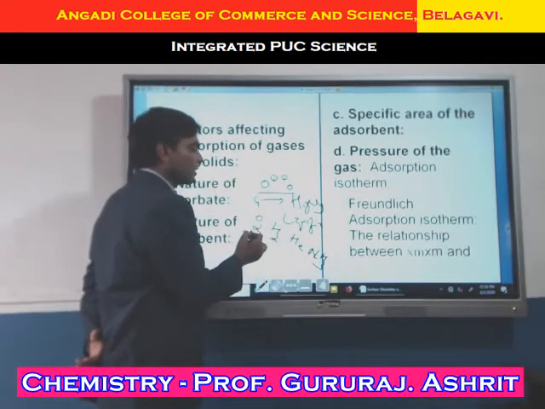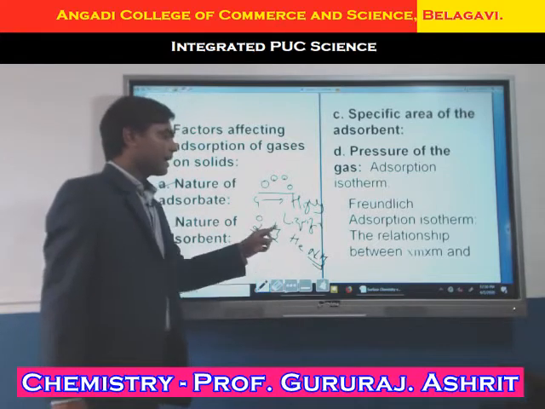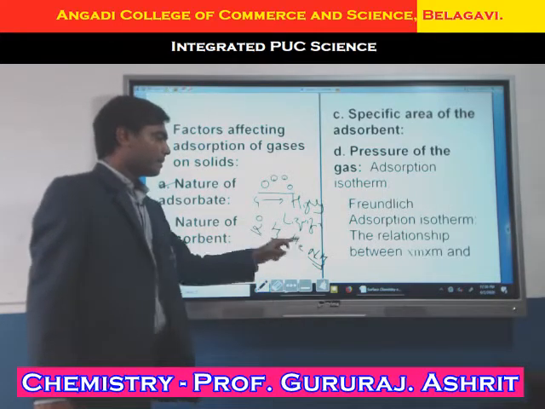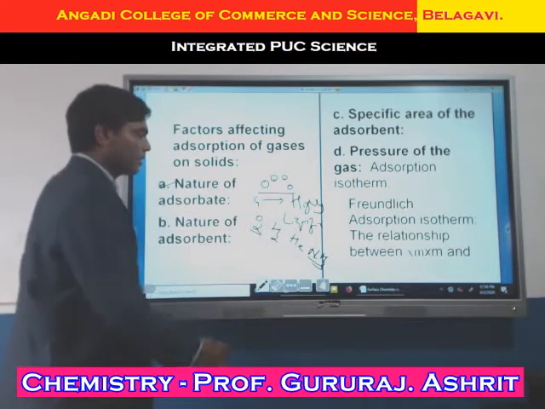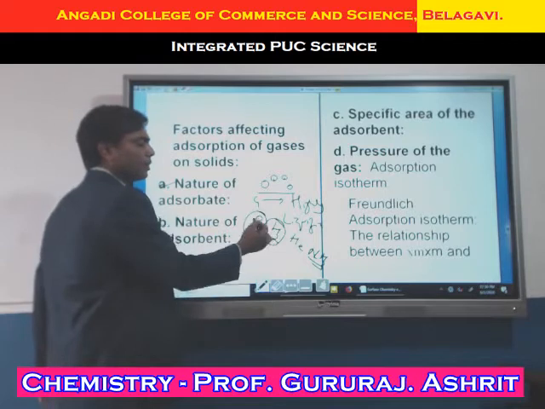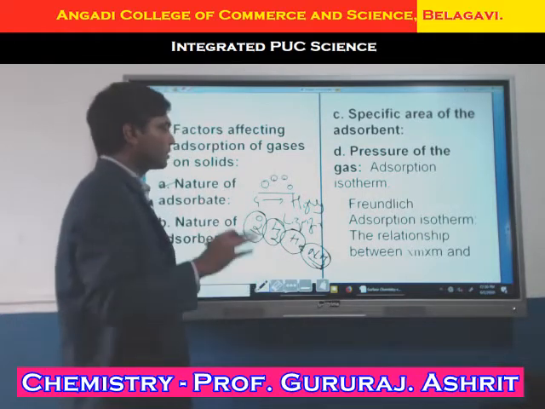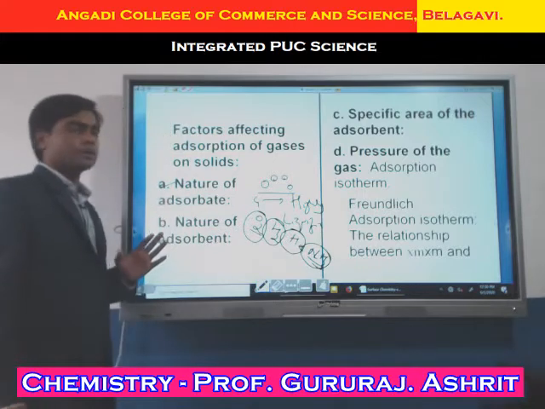Either O2 or NH3. The reason is that they can be easily liquefied. They have a high molecular mass. O2 has a molecular mass of 32, H2 has 2, helium 4, and ammonia 17. So the adsorbate depends upon the molecular mass.